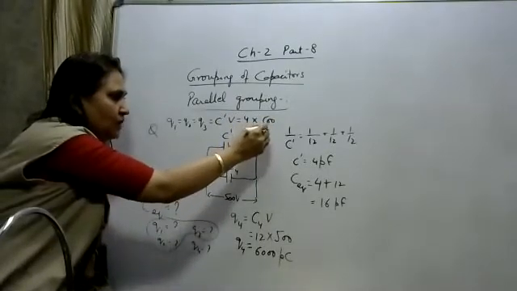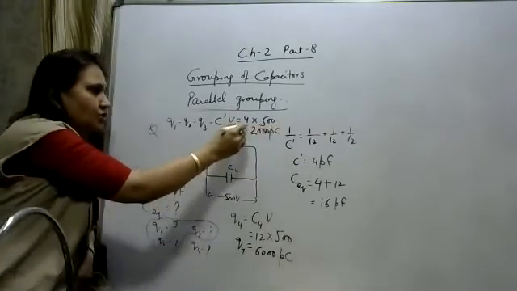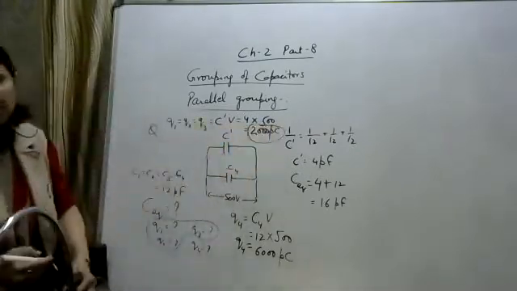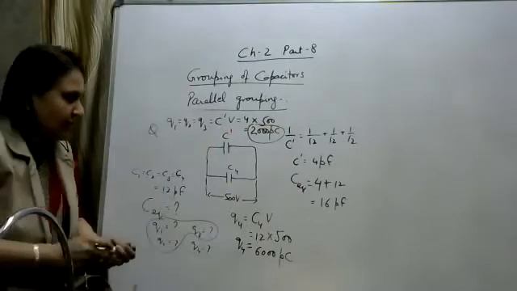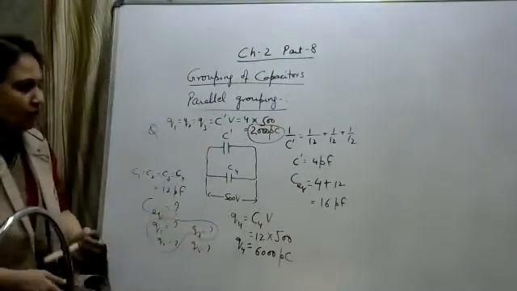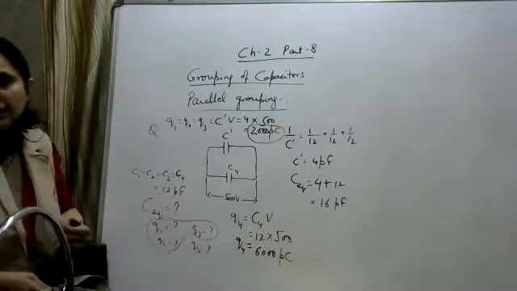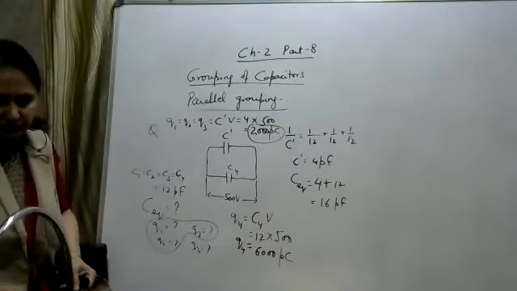That is 2000 picocoulombs. So Q1, Q2, Q3, all three will have 2000 picocoulombs, whereas on C4 it will be 6000 picocoulombs.